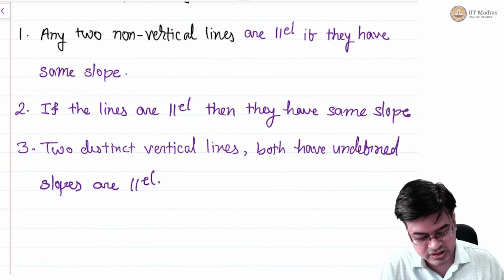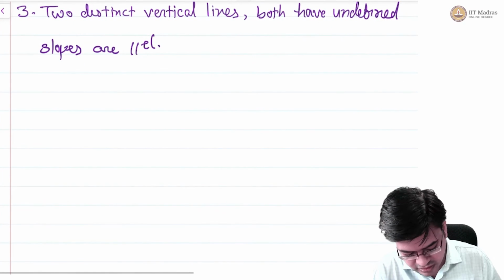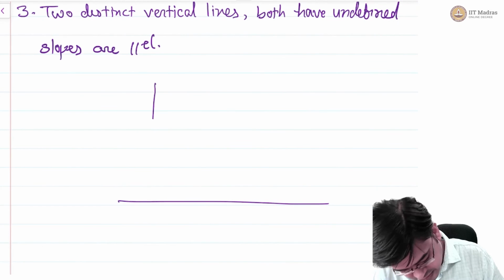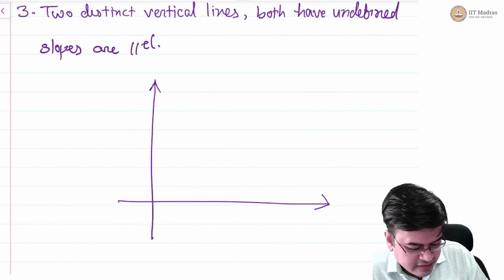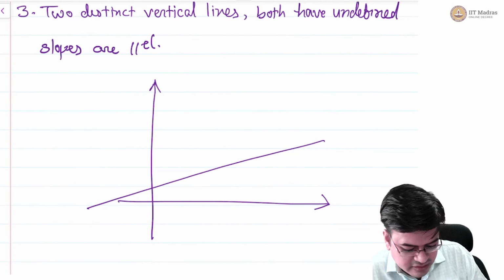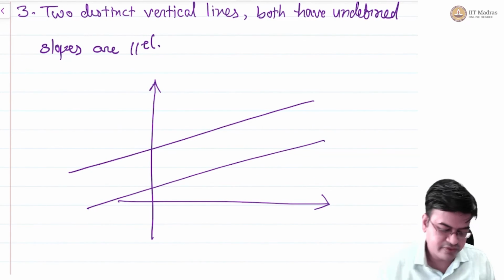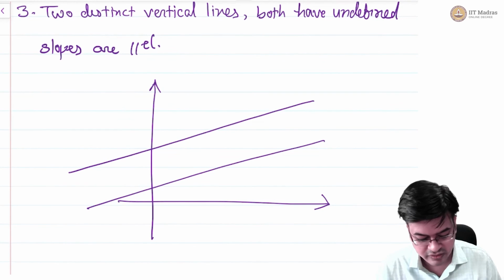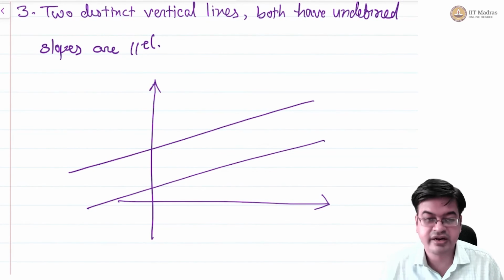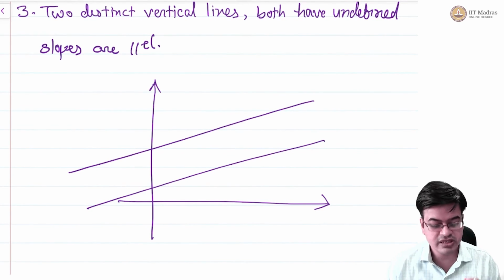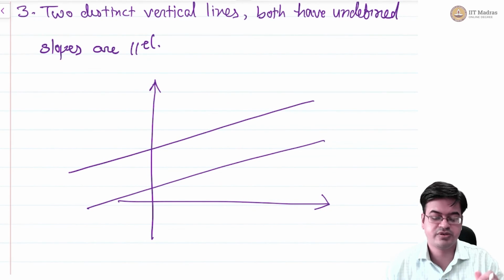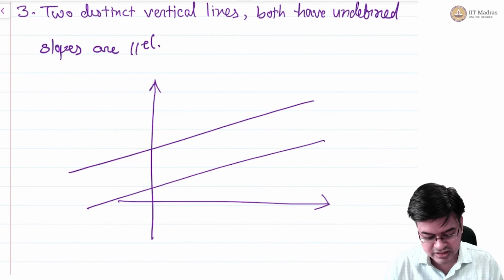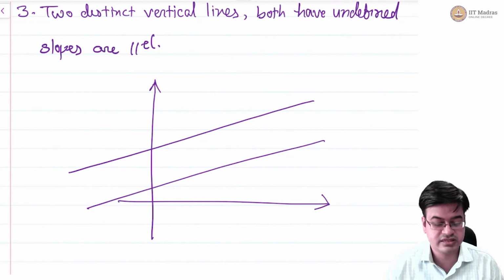So this is in short, or let me draw it diagrammatically to prove my point. Let us say a line is given to you in this fashion and another line is given to you in this fashion. Now the rise by run of these two lines will be the same, therefore these lines are parallel.